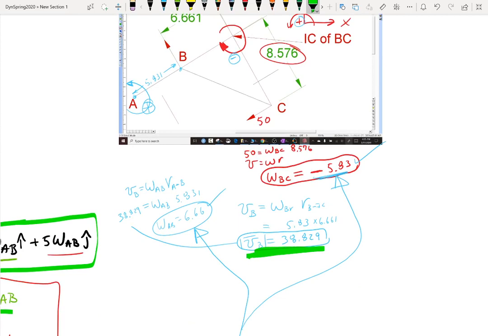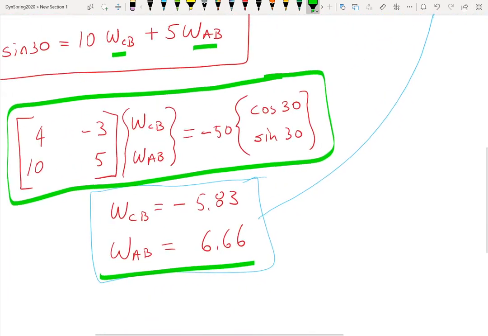Since this acts as a rigid link, B has the same velocity whether it's on this link or that link. So I could take the velocity of B, put back over here, take the dimension right here, and find omega AB. And we got the same value.